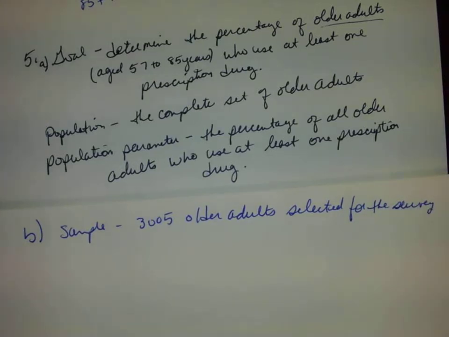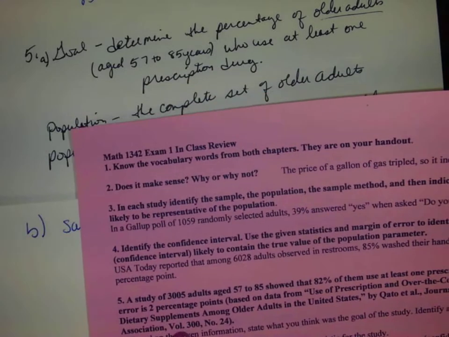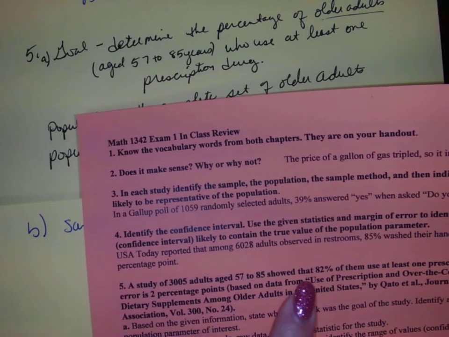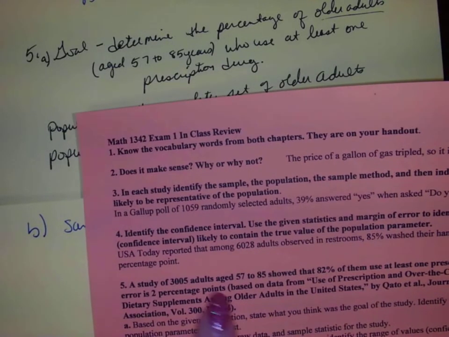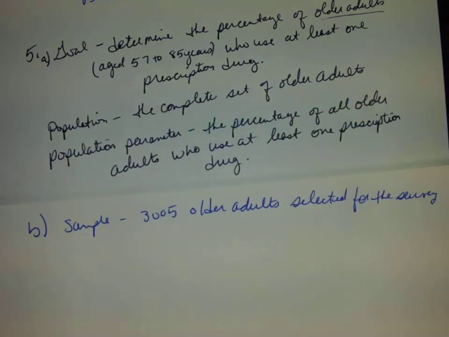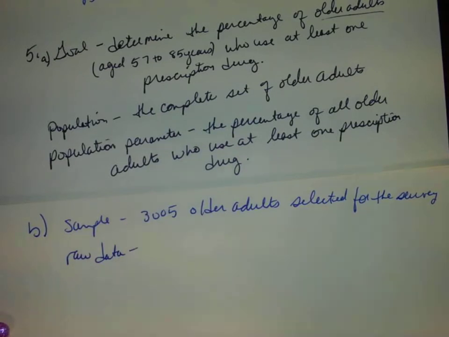Okay, so that came straight off the very first statement that 3,005 adults aged 57 to 85 showed. So that's the sample right there. Now, the raw data, because we are asked to find that, and these are some of your vocabulary words as well, right?